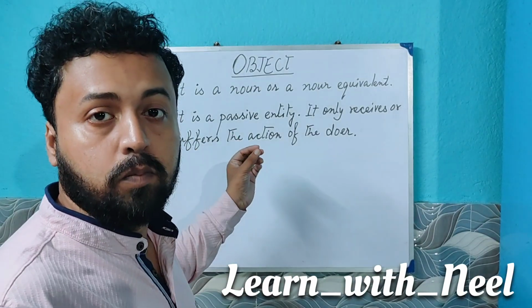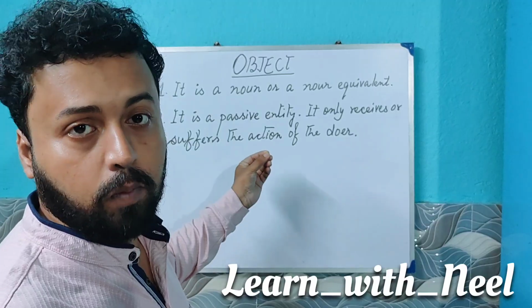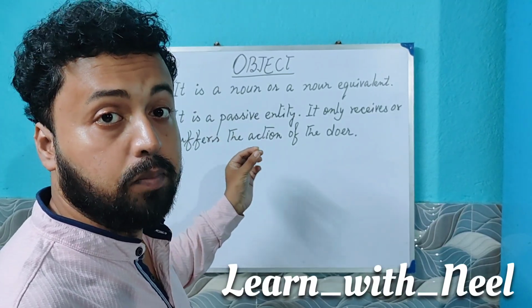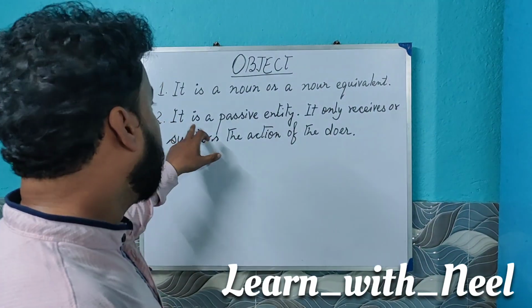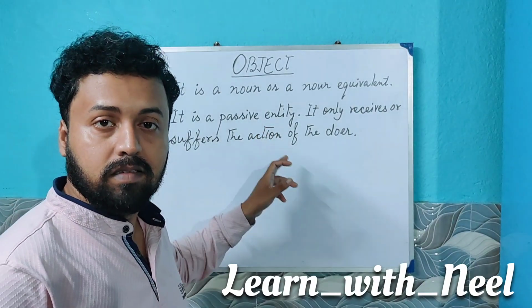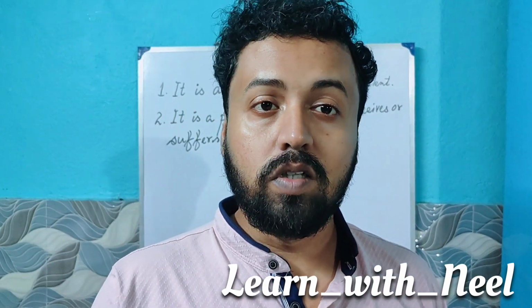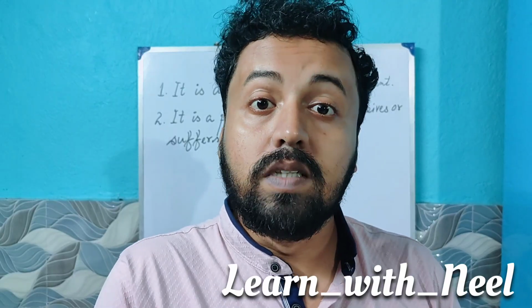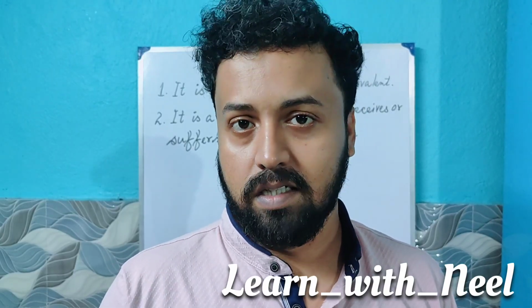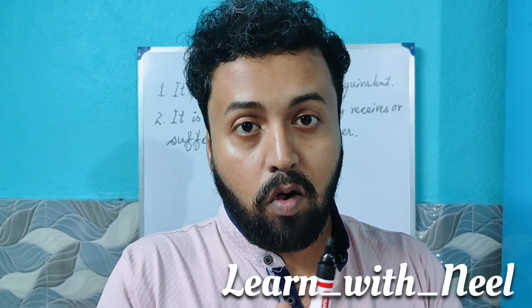This point is the most vital point of an object. It is the most important trait. An object is a passive entity. Why? Because an object does not really do anything. It receives or suffers the action of the doer. The doer does something on the object.